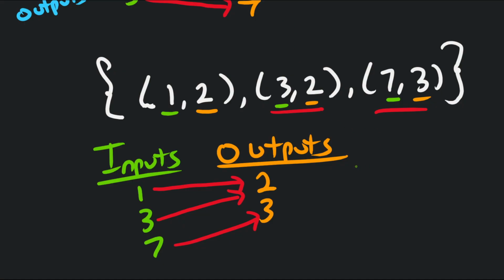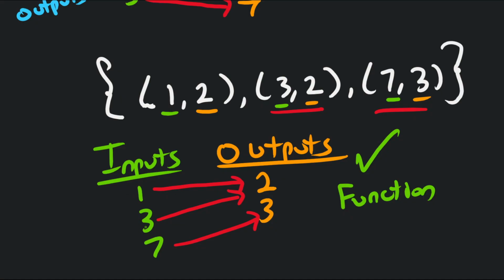However, this is still a function, because outputs are allowed to have more than one input. That's fine. It can still be a function. All that matters is that each input doesn't have more than one output. So 1 only has one output, the only output it has is 2.